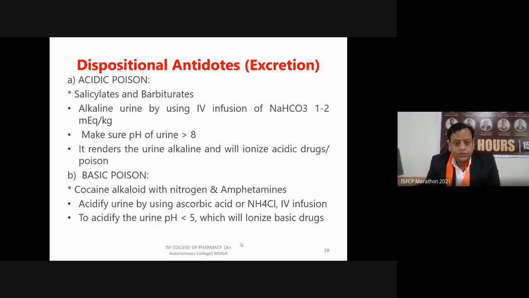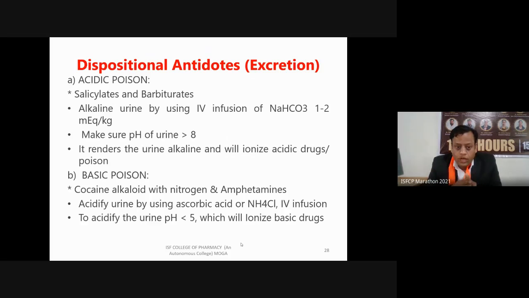Second is basic poison. Cocaine, alkaloids, nitrogen compounds and amphetamines are generally included under basic poison. We generally acidify urine by using ascorbic acid or ammonium chloride through intravenous infusion.